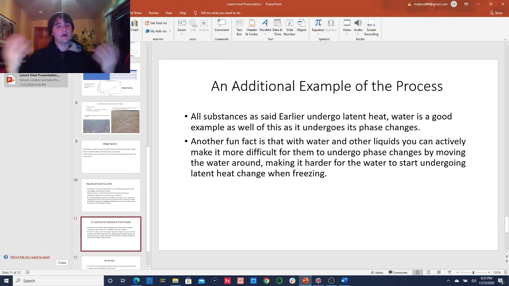And so I figured it would be nice to provide an additional example. As said before, all substances undergo a latent heat change, and water is a really good example of this as well.